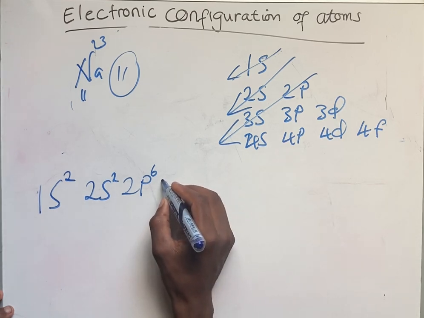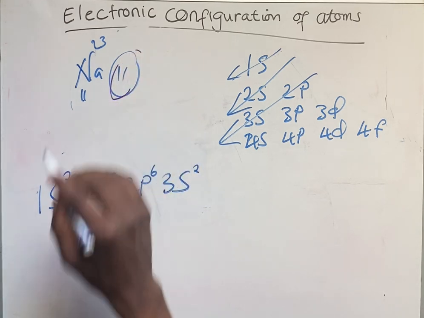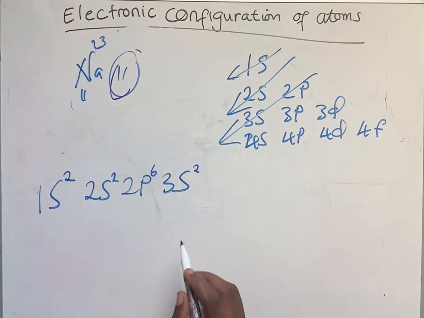Next we have the 3s orbital, which we know can accommodate 2 electrons. But we are not supposed to just write what it can have. Remember, we are counting, and altogether they should give us 11.